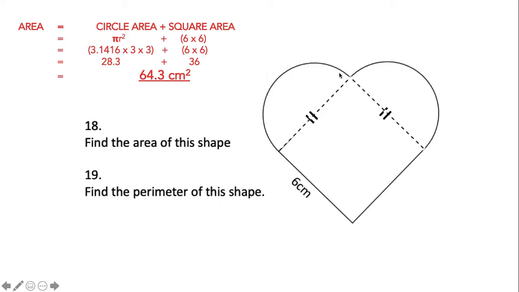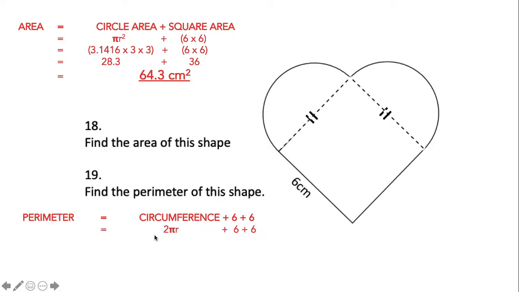And then the perimeter, well, the perimeter is just the length all the way around the edge. So you've got a whole circle all the way around the edge, so you've got the circumference of a circle, but then you've got 2 straight bits that are 6, and then you haven't got the other 2 bits of the square because they're not around the edge of the shape, so it's not part of the perimeter. So the perimeter is the circumference of a circle plus 6 plus 6.